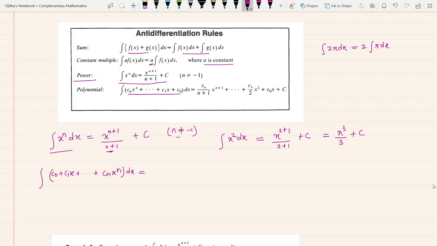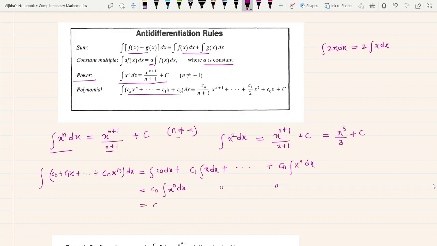So by the sum rule, we can write this as integral c0 dx plus, now constants can be taken outside, c1 integral x dx plus etc. plus cn, which can be taken outside, integral x raised to n dx. Now, if you take c0 outside, this is integral dx. So this can be considered as integral x raised to 0, since x raised to 0 is 1. Remaining terms are the same.